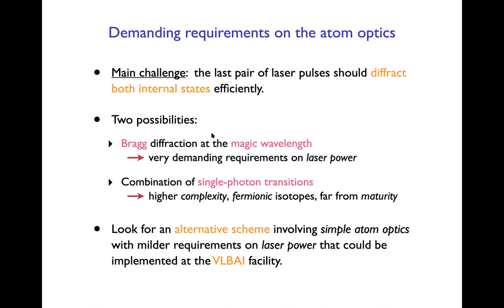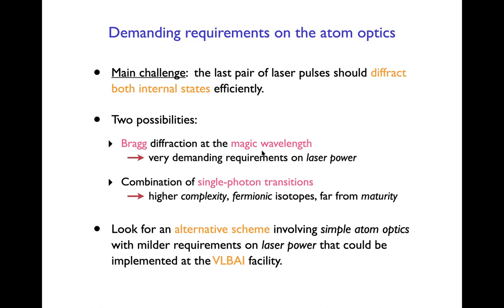One is using Bragg diffraction, which I could elaborate on later, but the key thing is that in order to make sure that it diffracts efficiently, with the same efficiency, and acts in the same way on the two internal states, because in fact they feel exactly the same optical potential, that happens at the so-called magic wavelength. It's something that is exploited by optical atomic clocks, also for other reasons.